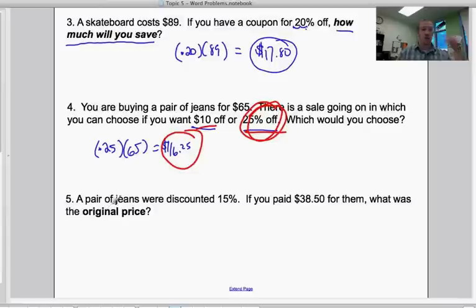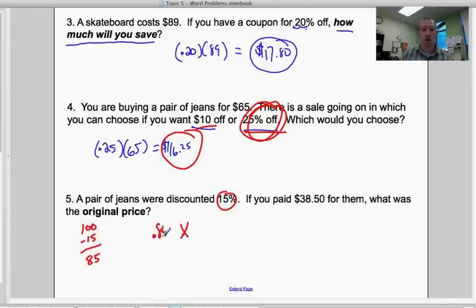Alright, now a pair of jeans were discounted 15%. If you paid $38.50 for them, what was the original price? Okay, so that means that whatever the original price was, first let's figure out how much we're paying. If that's 15% off, 100 minus 15 is 85. So that means we actually ended up paying 85%.